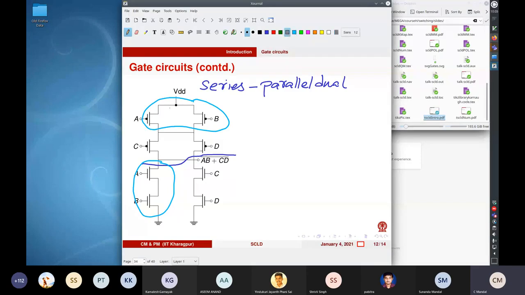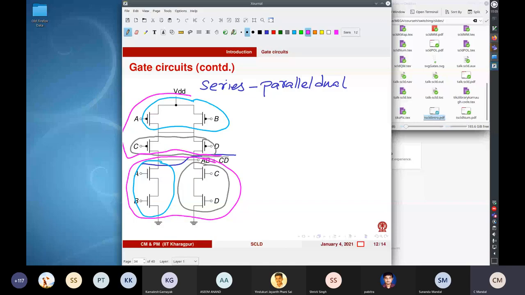You have got these two in series. You have got these two in parallel, and further you have got these two blocks in parallel. Over here you have got these two blocks in series. Okay, so you can see that you do have a series parallel dual over here.